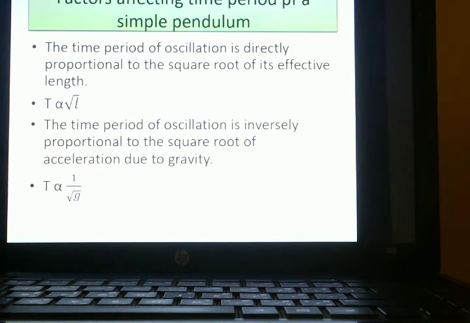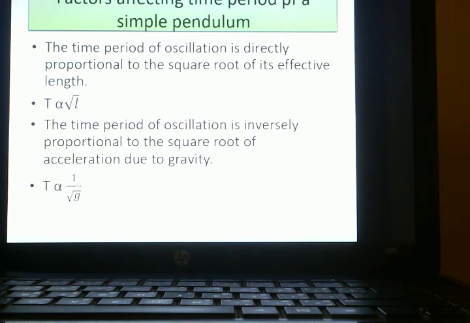Next one, the time period of oscillation is inversely proportional to the square root of the acceleration due to gravity. You have already studied, or you are hearing this term for the first time, acceleration due to gravity. It is denoted by small g. Time period is inversely proportional.